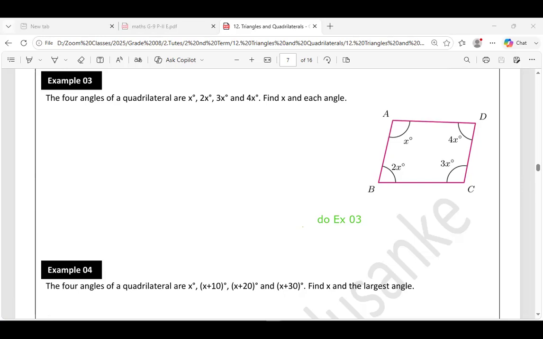Do it fast. Example number 3. Send me the answer for it.